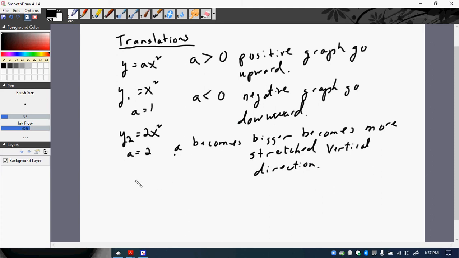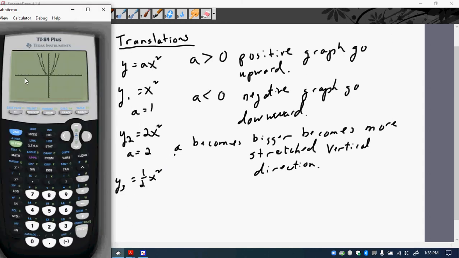Okay, if we make y3 a fraction, smaller than the 1, like a half instead of 2, then it should go the opposite direction. So go down to y3, type in 1 divided by 2, x to the power of 2, and we hit graph. You can see how it goes further out.